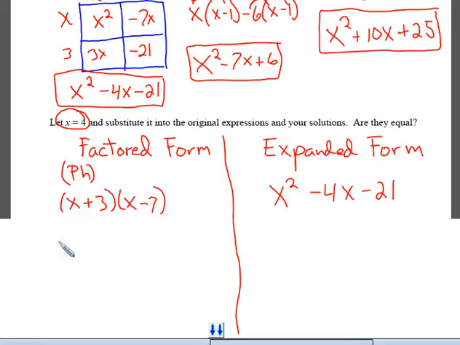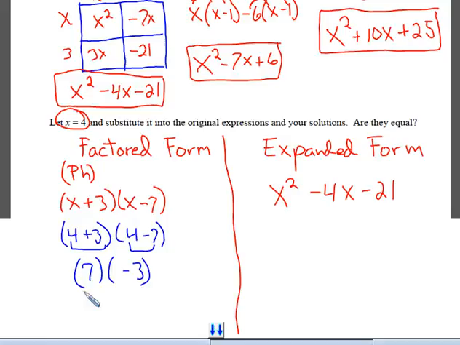So watch what happens. So I substitute 4 in for x: 4 plus 3, and 4 minus 7. So I'll do this, and I'll do this at the same step. 4 plus 3 is 7. 4 minus 7 is negative 3. 7 times negative 3 is negative 21. So I'm looking to get negative 21 over here.